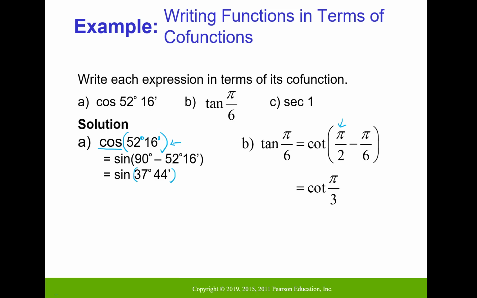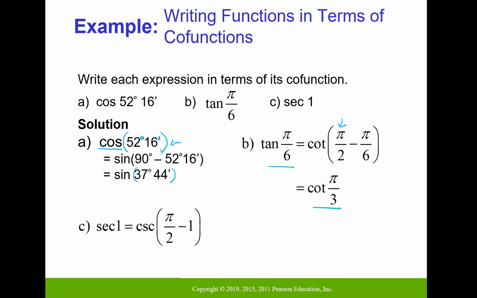So if we're working with its cofunction, which is cotangent, we have to subtract to find the missing angle. So we're going to say pi over 2 minus our given angle of pi over 6, and then that would leave us with pi over 3. So tangent of pi over 6 is equal to cotangent of pi over 3.